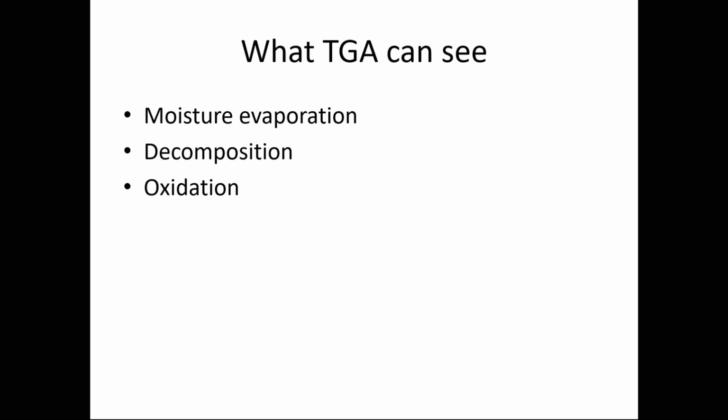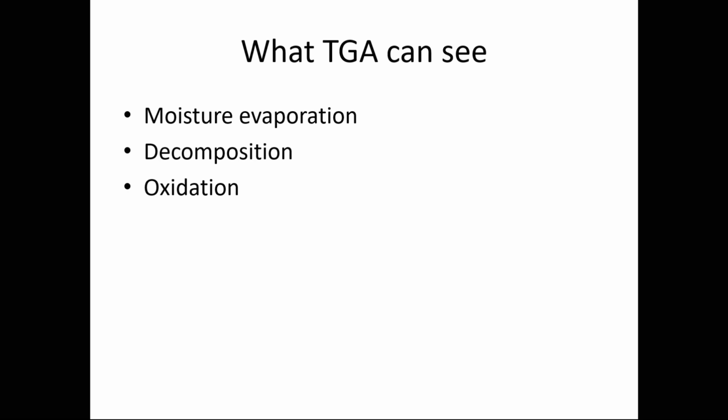In some cases, you could also perform the analysis under so-called oxidating conditions. Typical TGA analysis is normally performed in a flow of an inert gas like nitrogen. In this case, oxidation is not supposed to happen. But if you perform the analysis in the flow of oxygen or air, then you could expect that oxidation may happen.